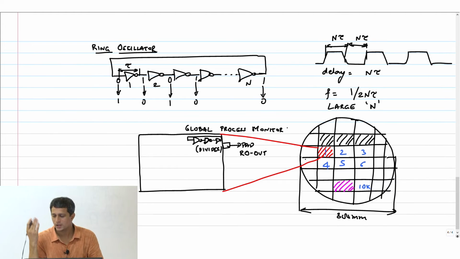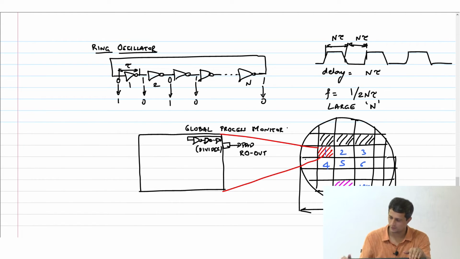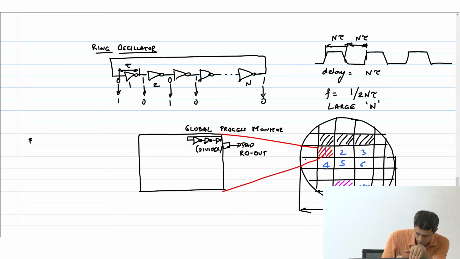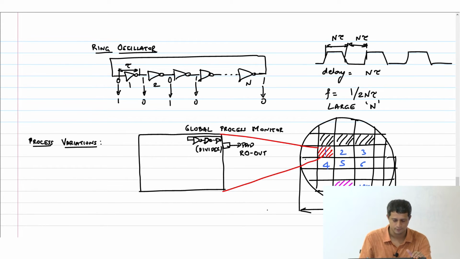So what are the origins of these variations first of all? Process variations.